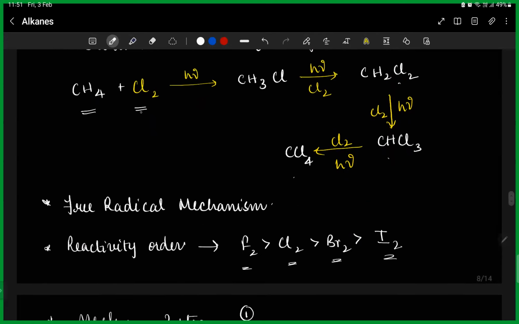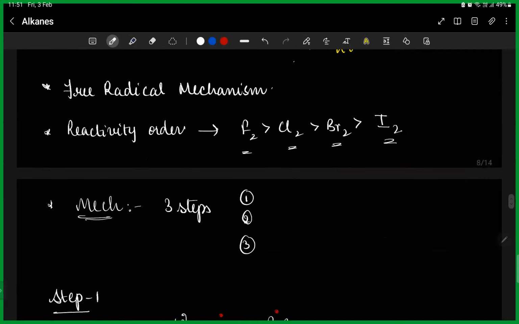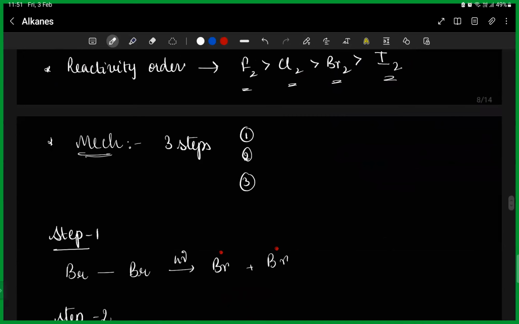So fluorine will react better than chlorine, than bromine, than iodine. This is important. The mechanism of halogenation occurs in three steps: chain initiation, chain propagation, and then chain termination.